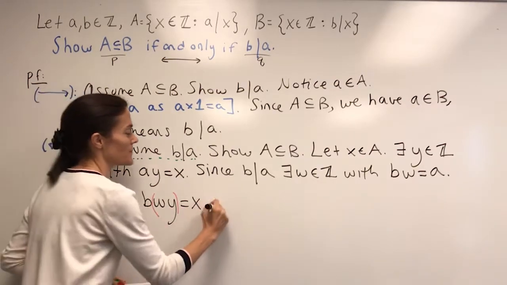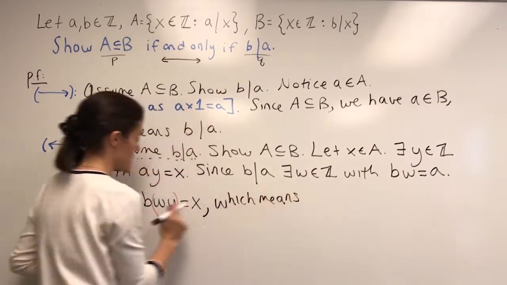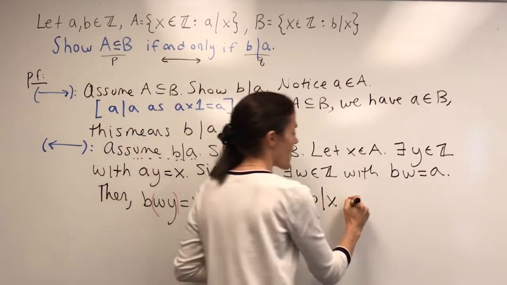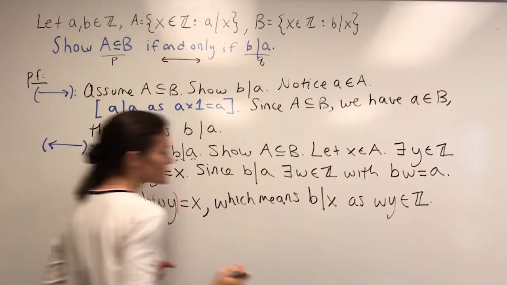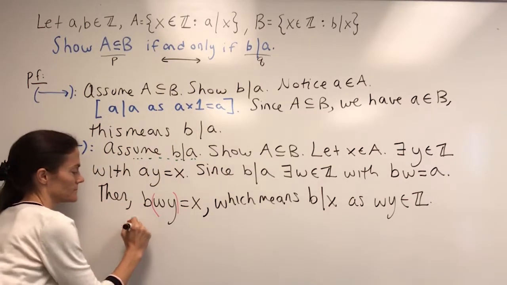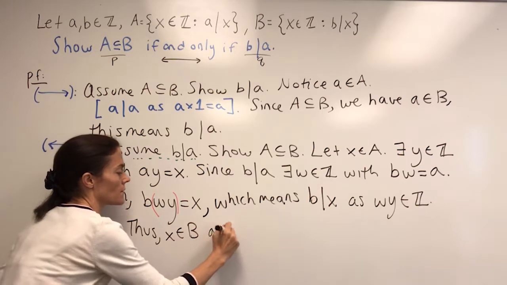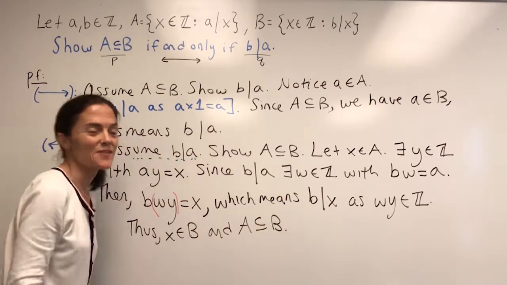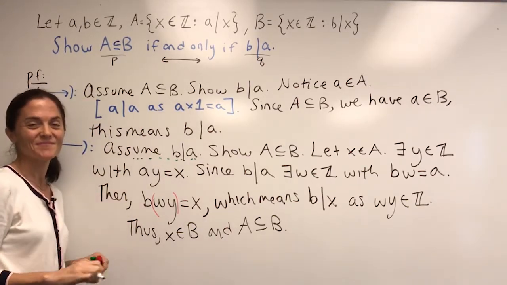This shows, which means b divides x as wy is an integer, and we have showed that A is a subset of B. And this completes the proof of the if and only if.